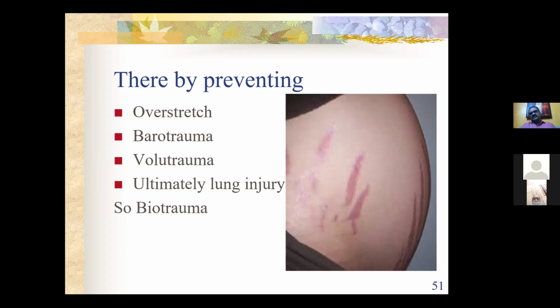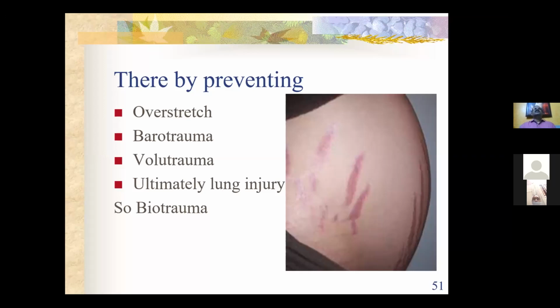So if the volumes go up without us noticing, or the volumes are too high, there can be volutrauma also. And all these cause biotrauma, where the body reacts. There can be inflammatory markers and the lung can worsen due to your ventilation. So all these things have to be avoided by using a low tidal volume.